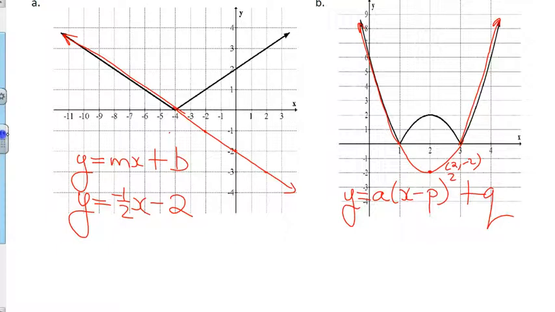So we can eyeball it, or we can do it algebraically. Normally I go over 1 and up 1, but here I'm going over 1, up 2. What's my a value? 2.